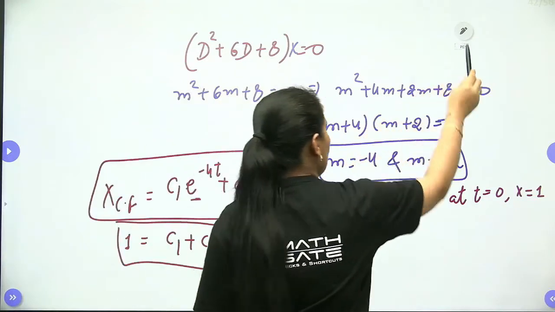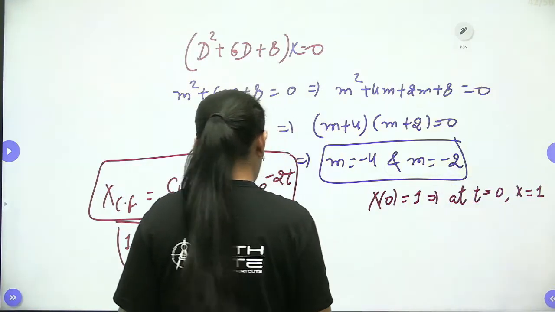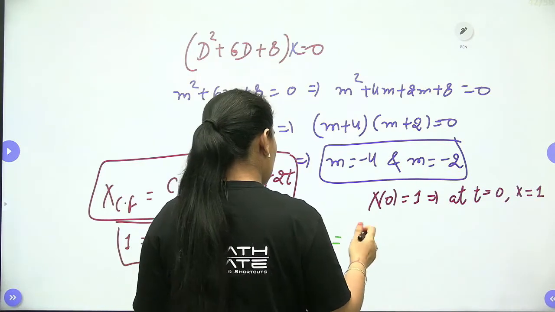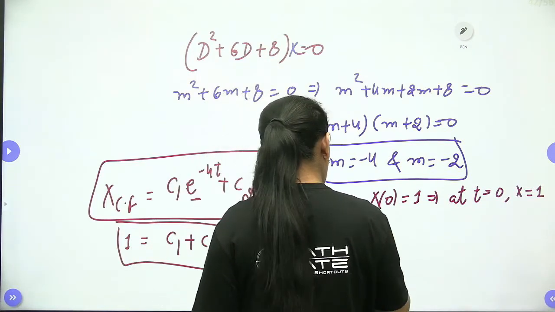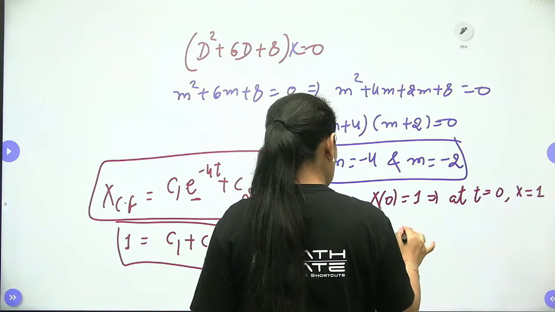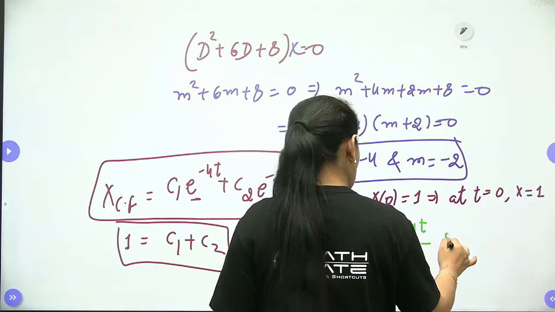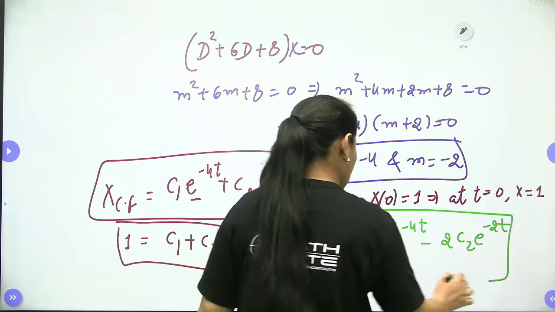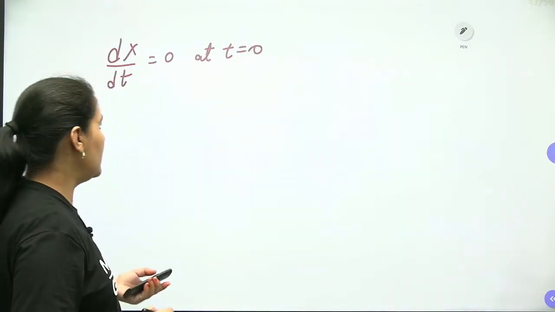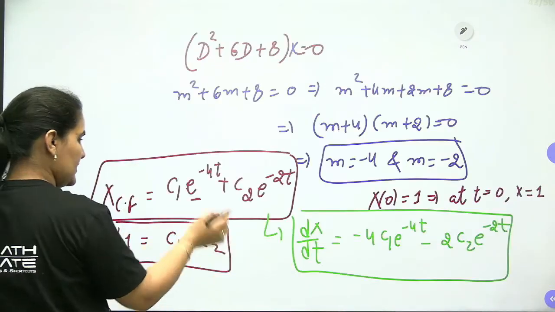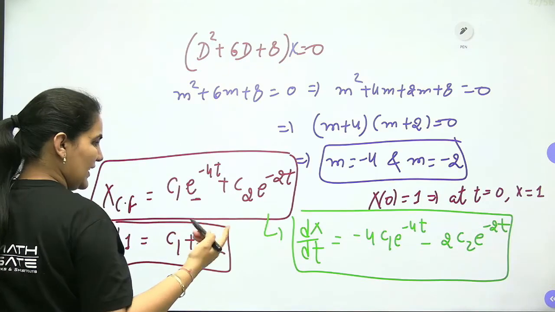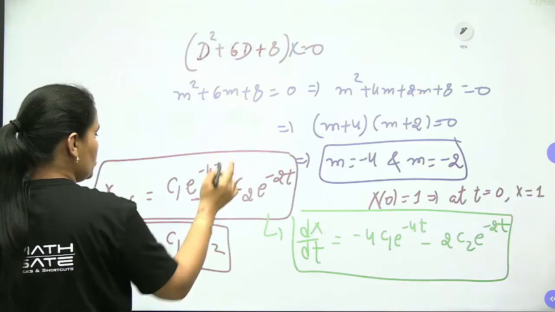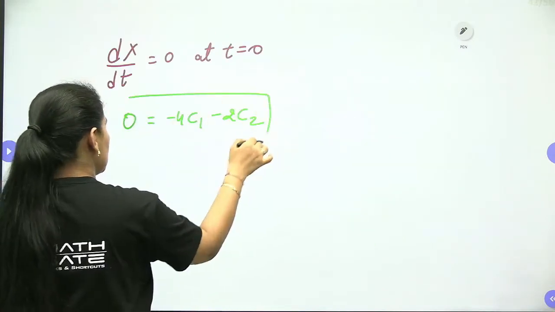When we approach the derivative, dx by dt will be minus 4 C1 e to the power minus 4t minus 2 C2 e to the power minus 2t. Okay. Now when dx by dt equals 0 at t equals 0, it means we are having minus 4 C1 minus 2 C2 equals 0.